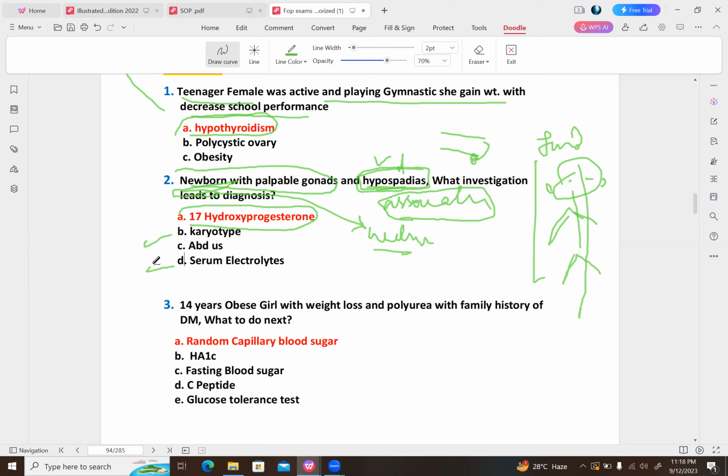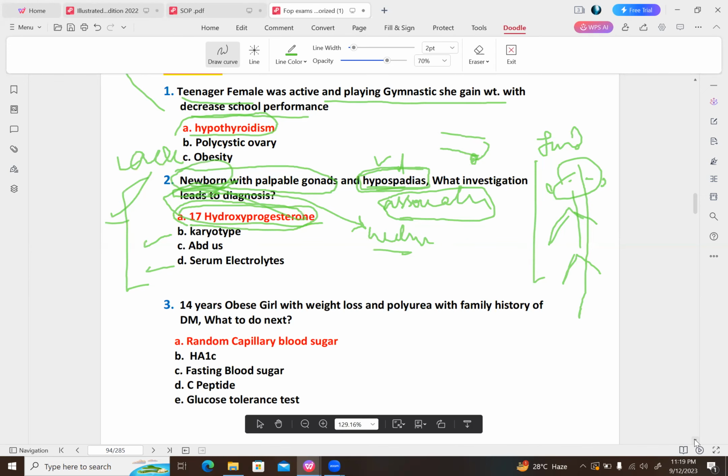Serum electrolytes also seem correct, but they straightforwardly selected 17-hydroxyprogesterone. They should at least have mentioned the age of the newborn in days, then selecting the option would be easy for us. So I must say this is a poor recall, or it lacks some information on my behalf. You guys can also give me feedback if you think some option is correct here and you think better than me. Then please also give me feedback.